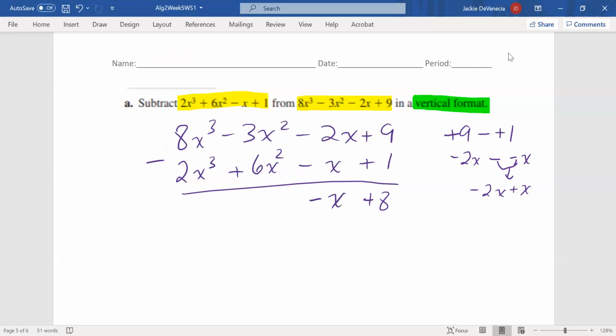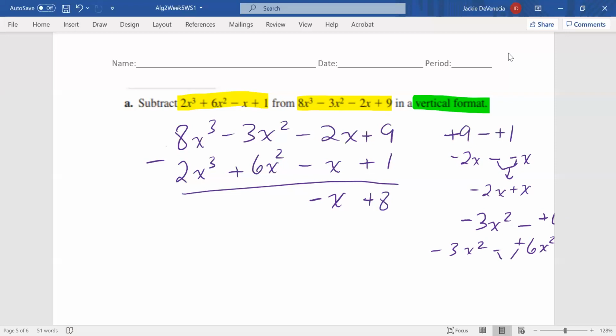Now let's look at this one over here. I have a negative 3x squared minus a positive 6x squared. So I have a negative and then I have a positive.